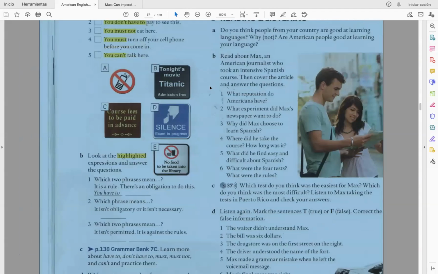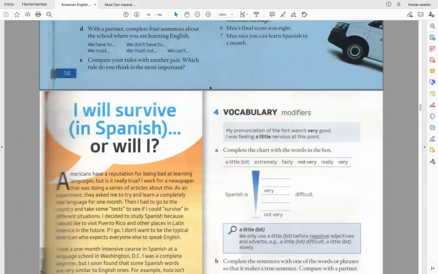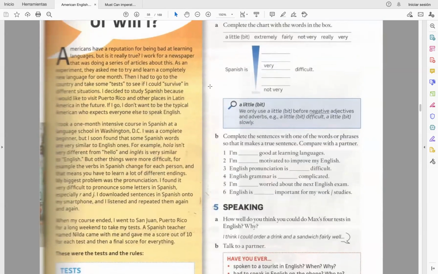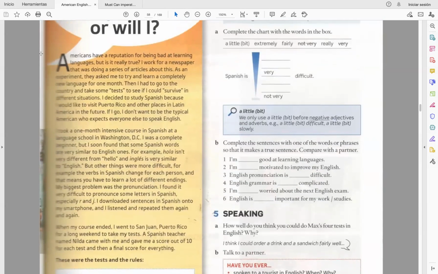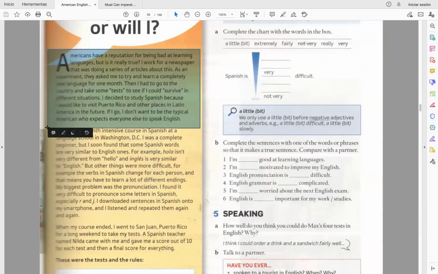So before answering the questions, do you have any problems of vocabulary in the text? For example, in the first paragraph? No questions in the first paragraph?